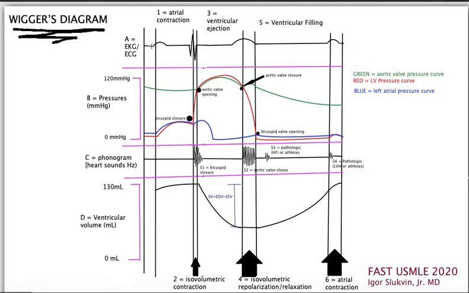So what happens when the heart pumps blood throughout the body? Right here in this spot, I didn't label it. Many diagrams have 7. This I just label empty. This is passive filling.